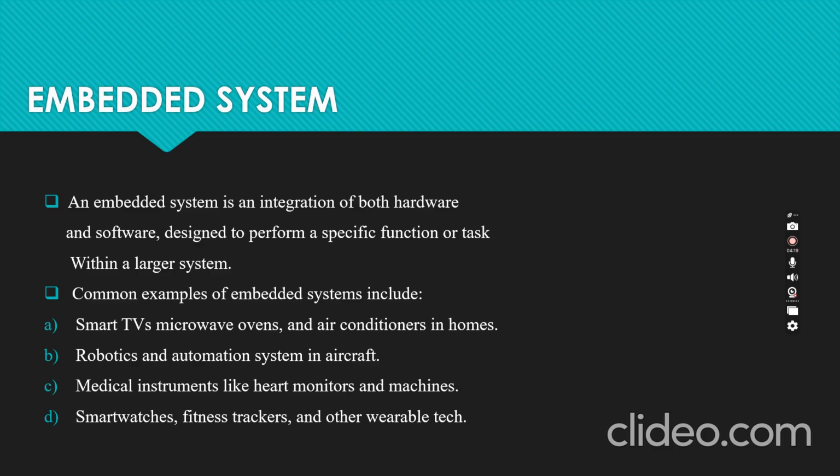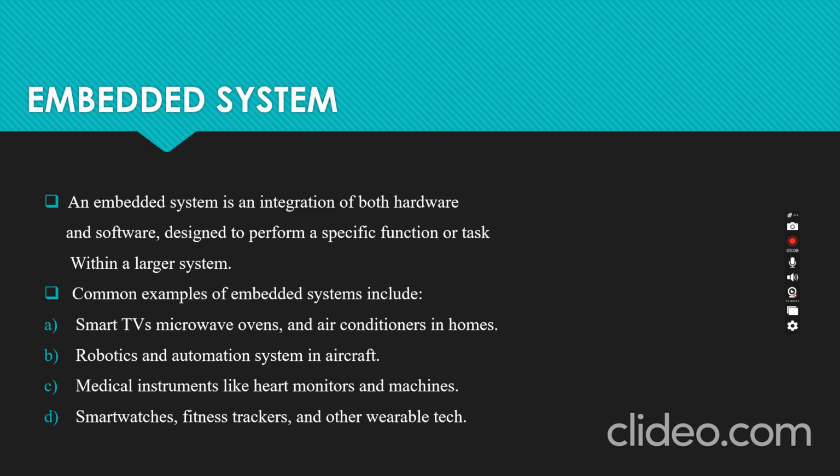Means it makes things easier, because in an embedded system we can use both software and hardware. Embedded systems are mainly used for large systems, though we can also use them in small ones. Common examples of embedded systems are smart TVs, microwave ovens, robotics and automation systems in aircraft, medical instrumentation like heart monitors, BP machines, and ultrasound, and smartwatches, fitness trackers, and other wearable tech.